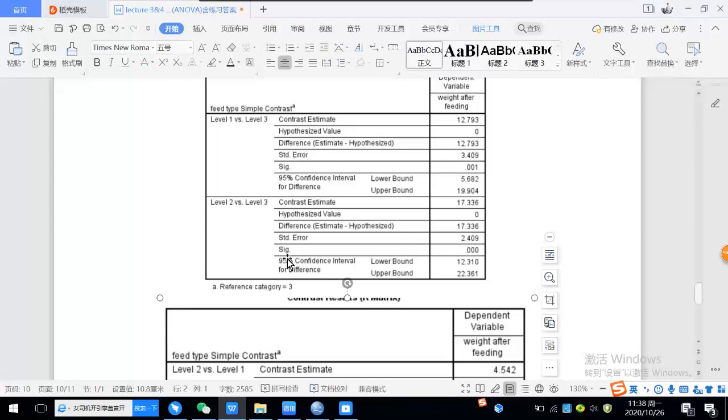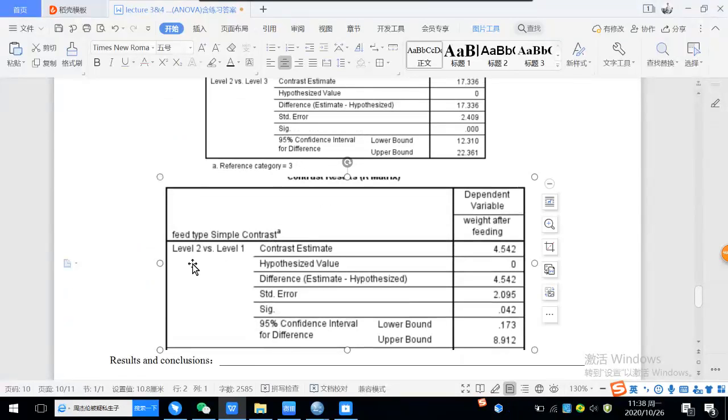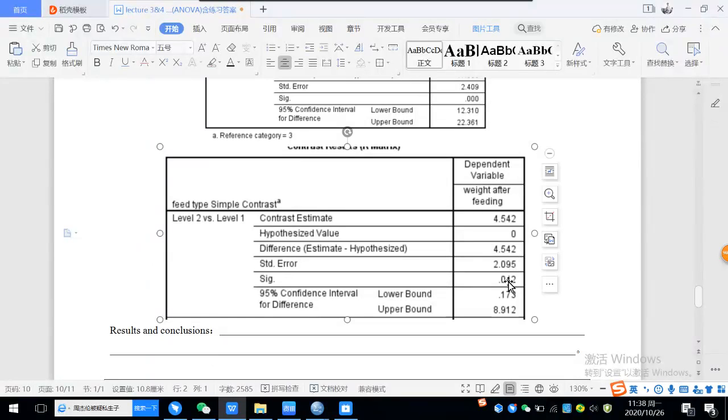Level 1 is better than level 3, level 2 is better than level 3, so level 3 is the worst. Then level 2 minus level 1, the mean difference is 4.542, and the significance is less than 0.05, so level 2 is better than level 1.